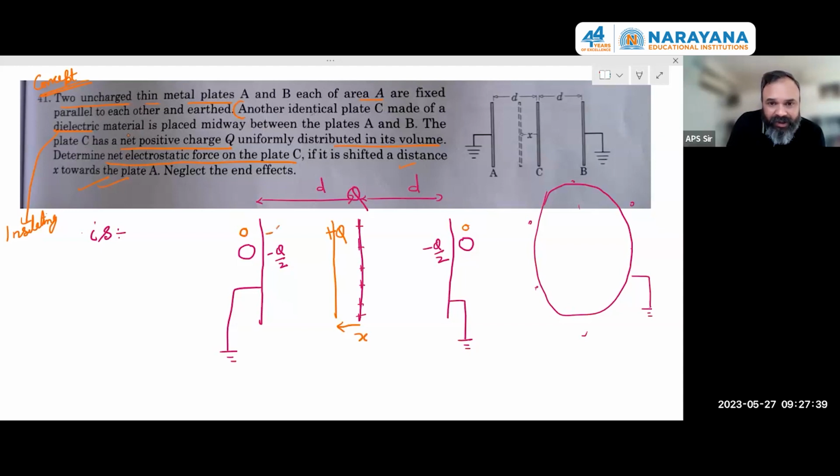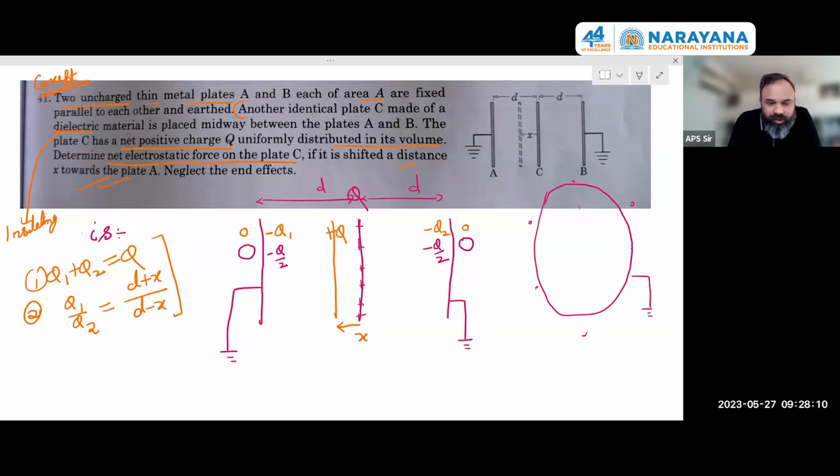I'll have some minus Q1 here and some minus Q2 here, where I know that Q1 plus Q2 is still equal to Q. And secondly, the ratio Q1 is to Q2 should be in the ratio of their capacitance. So basically, I want to write Q1 into (d minus x) is equal to Q2 into (d plus x). I think these two things are clear to you.